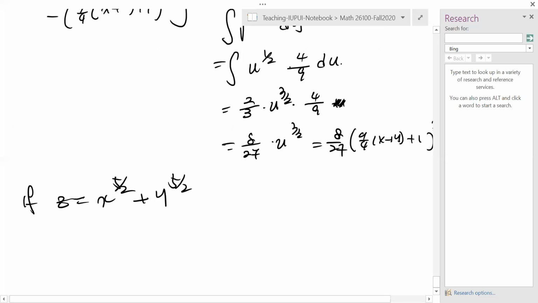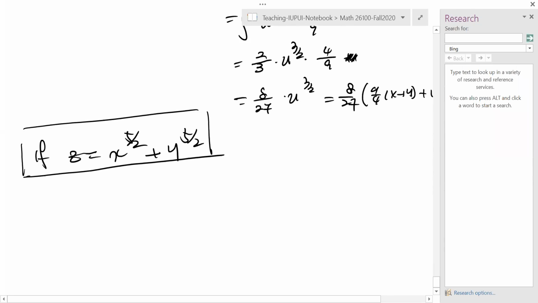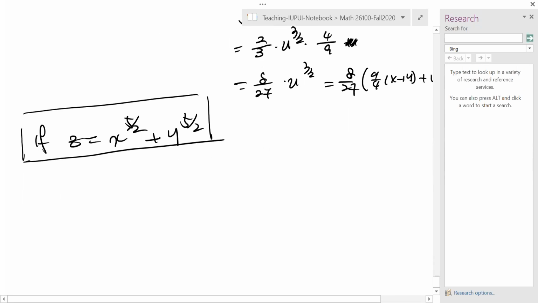Use polar coordinates, and we are able to solve it. So it really depends on the function you are given. You can try this at home.